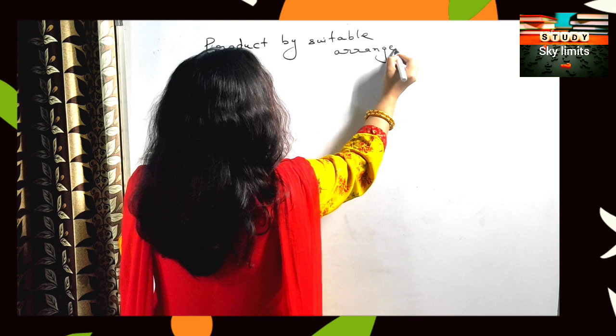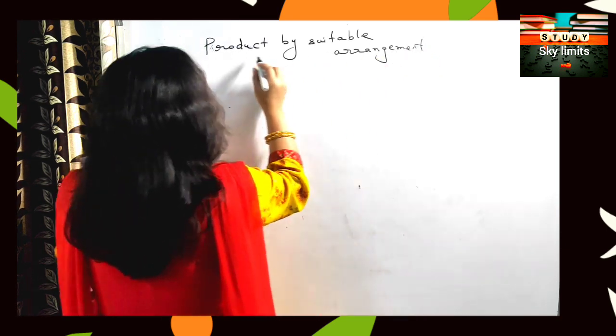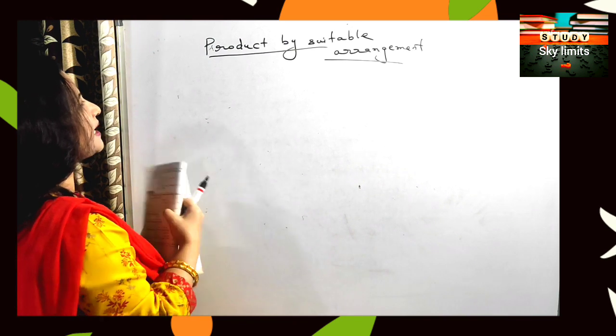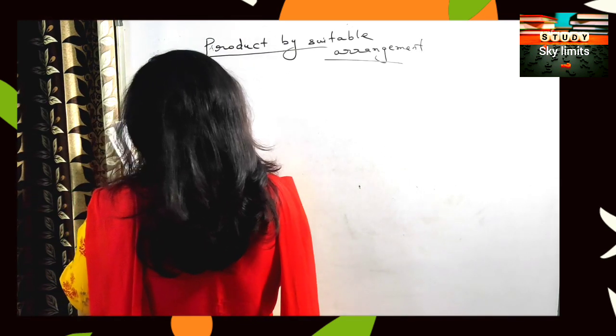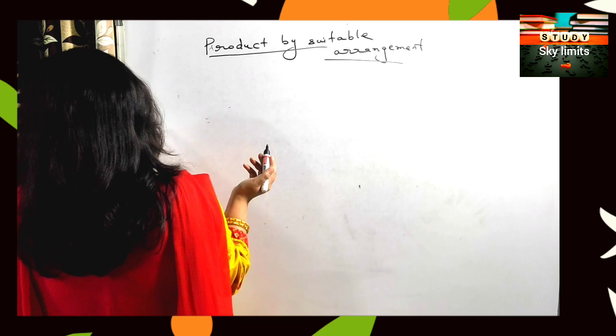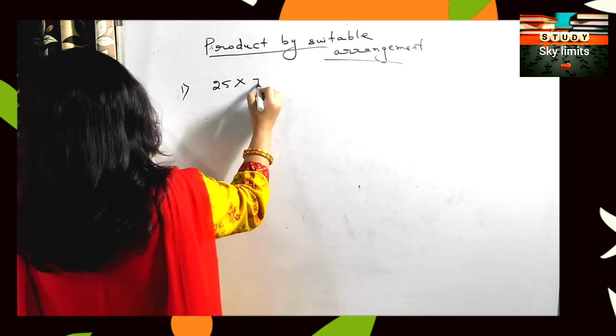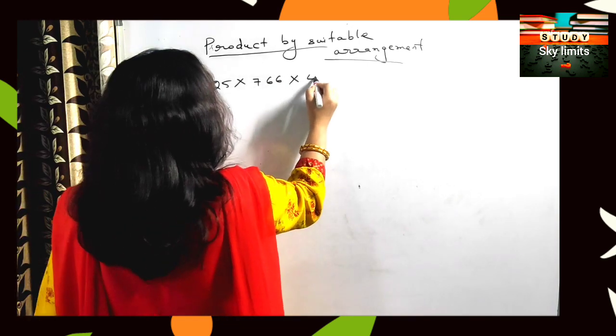The same manner, you have to use what property here? Again the associative property, but this time for multiplication. Okay, so let us write down some numbers. Like let's take one simple example first. 25 multiplied by 766 multiplied by 4.